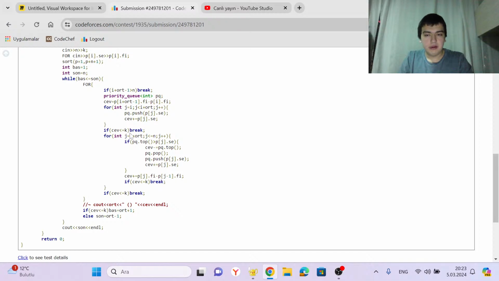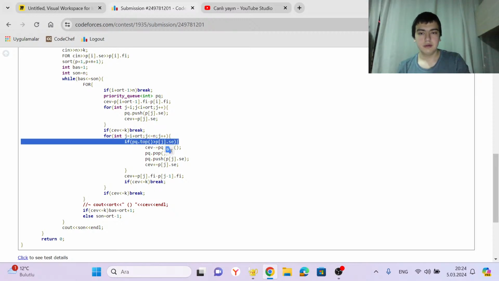Okay, I'm going from this value to n. So I am increasing the r, the variable r. This j means r. Okay, I'm saying if priority queue dot top, the largest element in the priority queue, is greater than our current element, the j-th value, we are looking at the a values, not that.